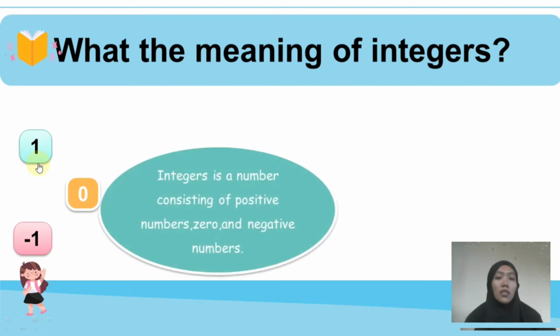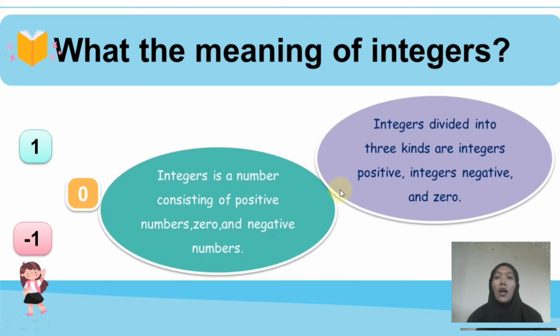So, integer is a number consisting of positive numbers, 0, and negative numbers. Then, integers are divided into three kinds: positive integers, negative integers, and 0. This is a positive integer, this is 0, and this is a negative integer. That is the meaning of integer.